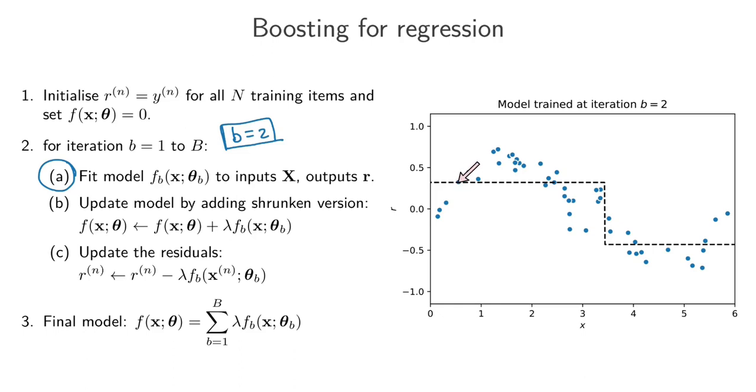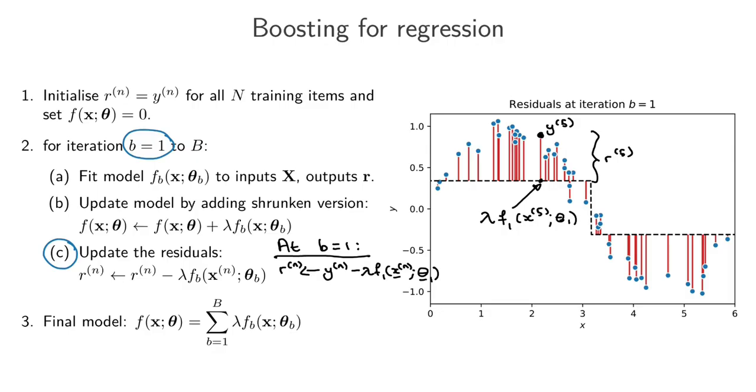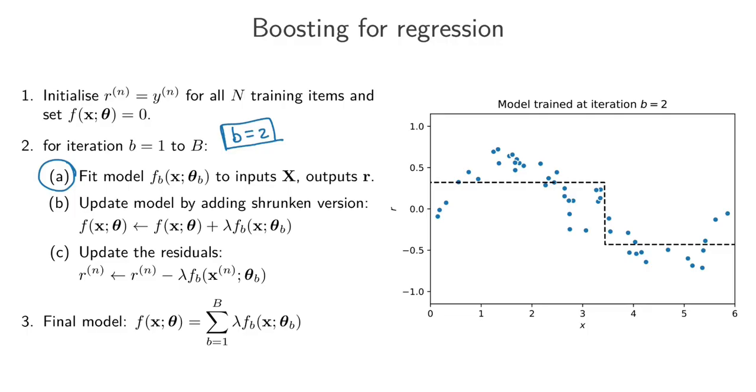You can see that the residual for that item is just more than 0.3 or something like that. If you go back to the previous slide, 1, 2, 3, 4, this distance here will be that value that's just more than 0.3. That is the distance from 0 to that height there.